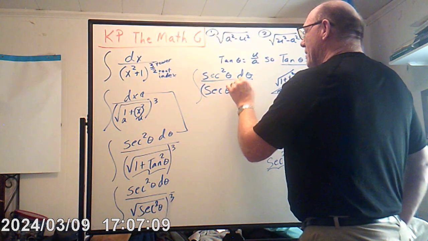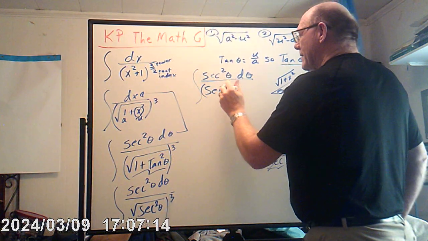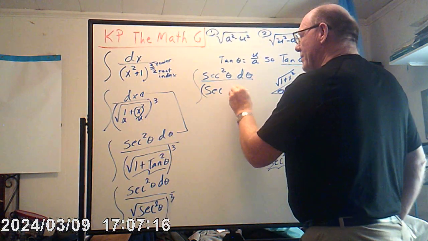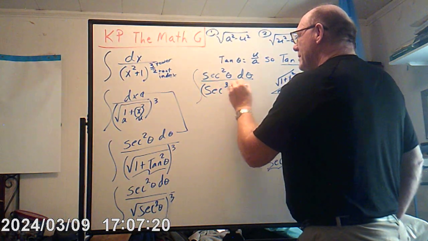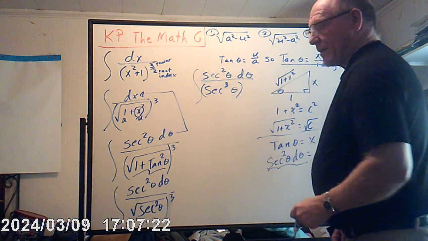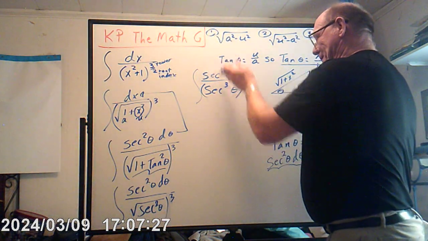Raised to the third power. I could put the 3 right down here like this. Okay, move that over and sandwich that 3 in there like that. Now I can start looking at this.